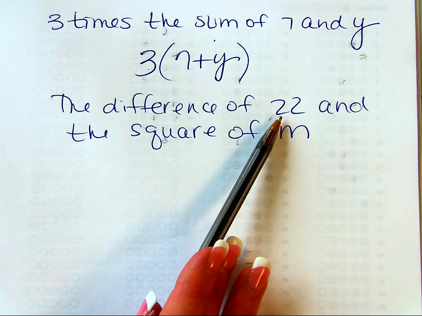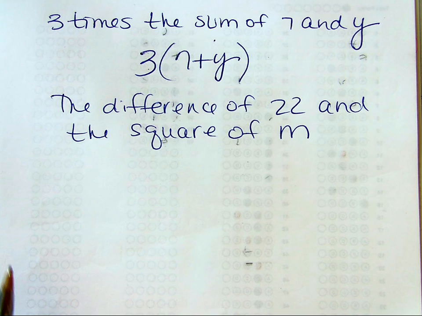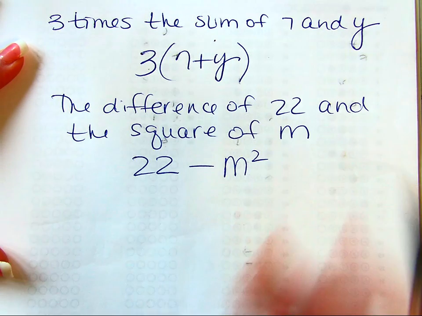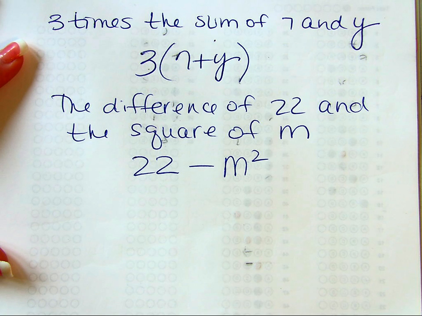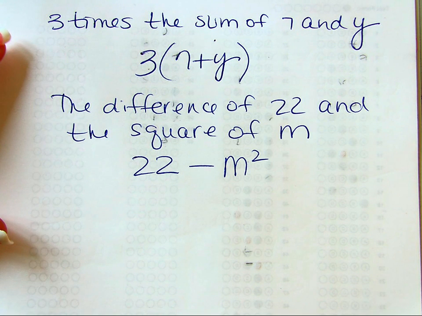So where does 22 belong? In the beginning? Here's the difference of 22 and what? M squared, the square of m. You got it. In high school, we called her M squared, yeah. M squared. Yep.